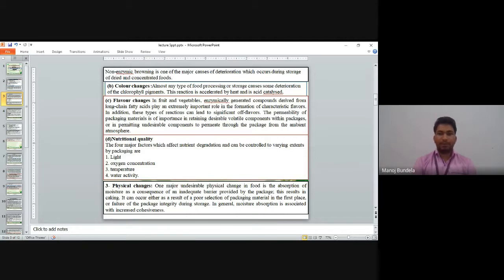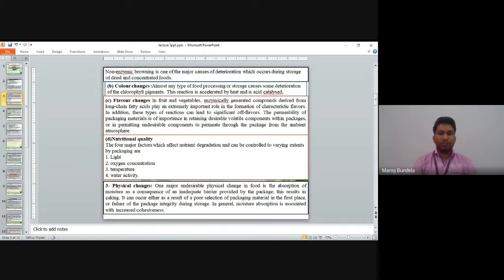The permeability of the packaging material is of importance in retaining desirable volatile compounds within packets or in permitting undesirable compounds to permeate through the package from the ambient atmosphere.